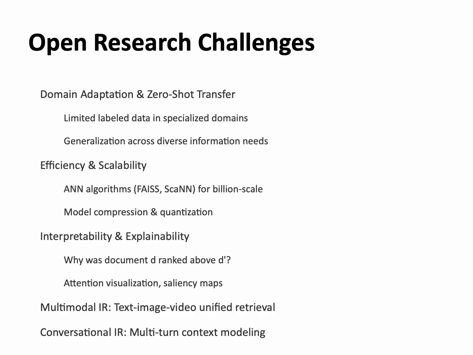We can't explain why one document ranks above another, which limits trust in high-stakes applications. Emerging directions include multimodal retrieval across text and images using models like CLIP, and conversational search that handles multi-turn dialogues.